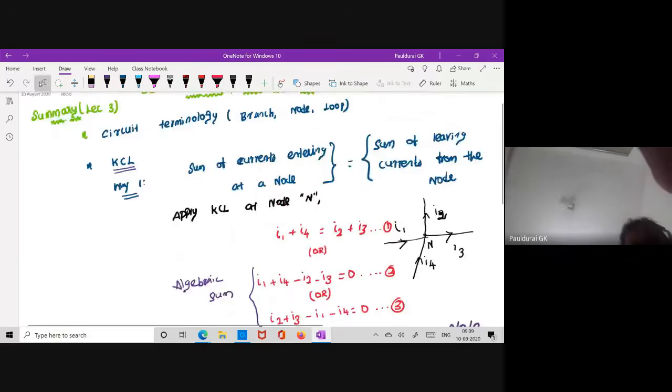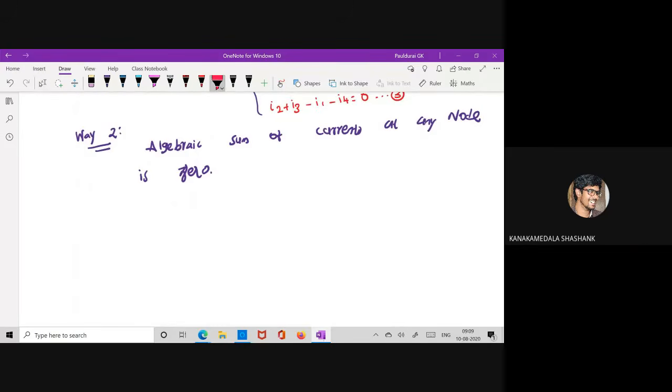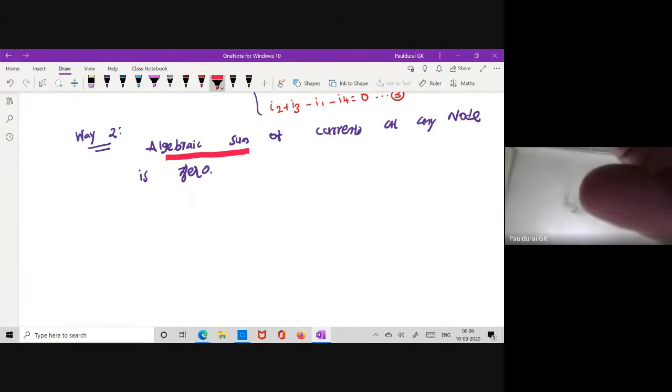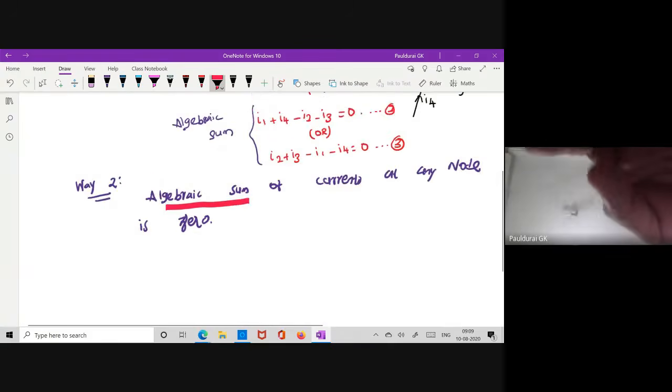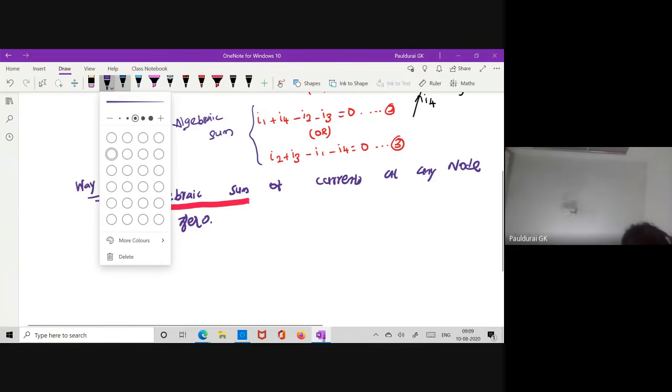Taking magnitude with the signs, either entering positive and leaving negative, or entering negative and leaving positive. Very good. If you take entering current as positive, then you take leaving as negative, and vice versa. Which one are we going to follow, way one or way two? That we will decide after discussing KVL.